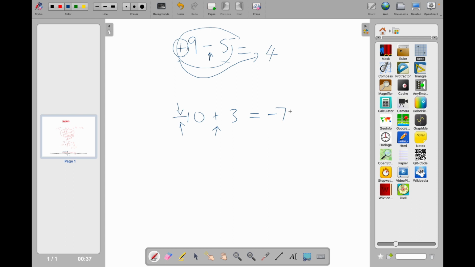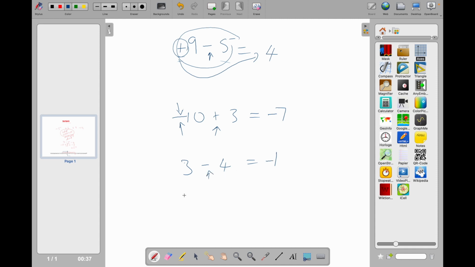Okay, let's try another one. Let's say we have 3 minus 4. What do we do? We subtract, and if we subtract, we get 1. What's the sign of the bigger number? Minus, so minus 1.